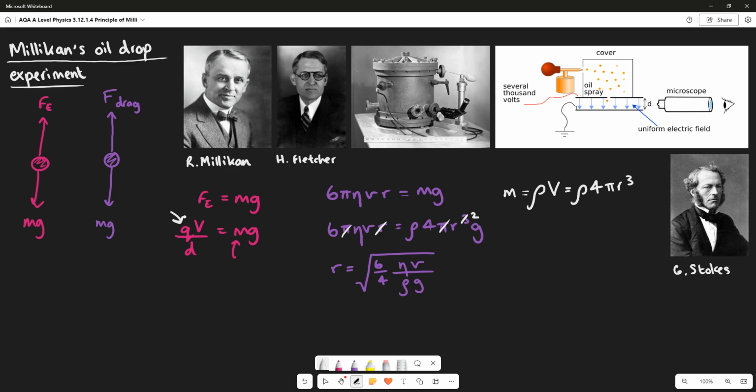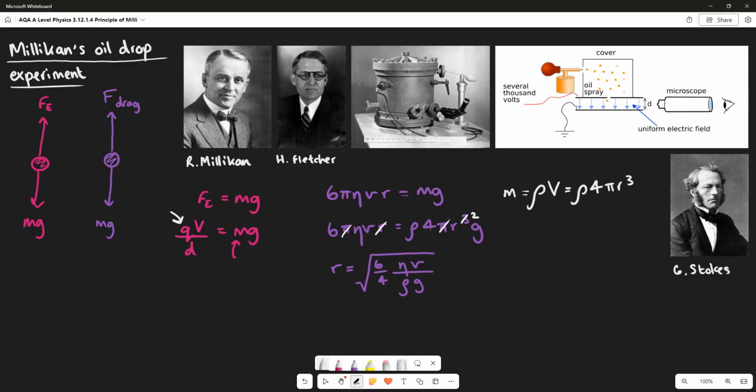And that's what Millikan and Fletcher did hundreds and hundreds of times. They did it for many, many oil droplets. And what they noticed was that even though the oil droplets had different amounts of charge on them, some of them might have 5 electrons worth, some of them might have 20 electrons worth, the numbers were all multiples of the same value.